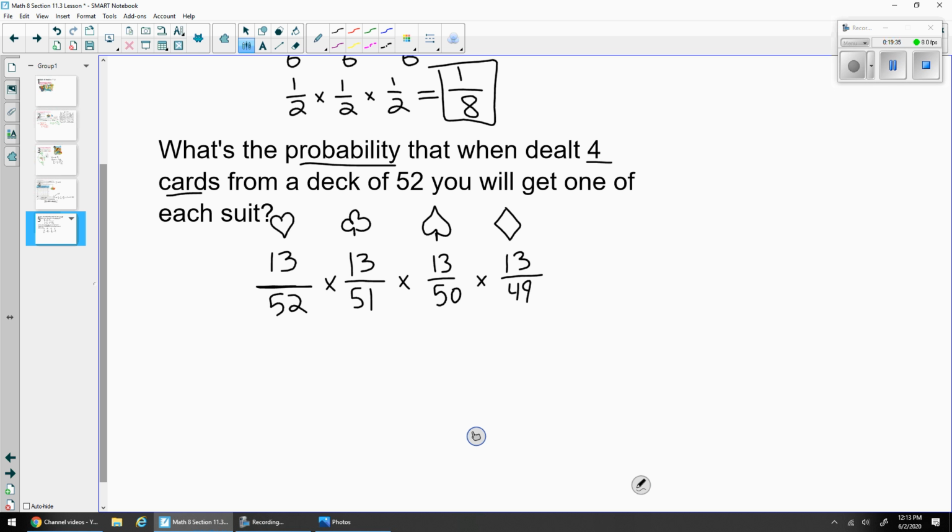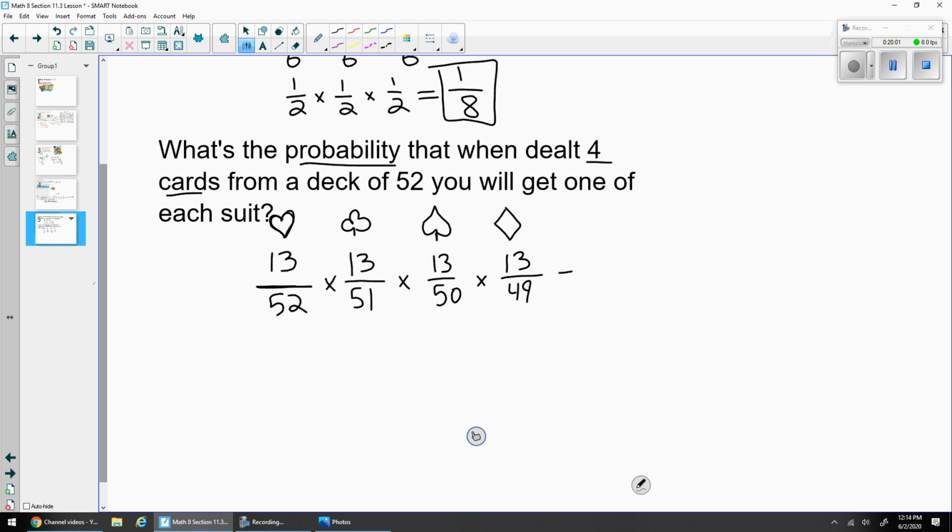Okay, again, this question is a little bit more complicated than really what we're needing to do, but I'm just showing that even this type of question, which is sort of complicated, we can figure out with just multiplying fractions. We can look at each situation here, hearts, clubs, spades, diamonds, and see what the probability is. And again, the order of these suits doesn't matter.